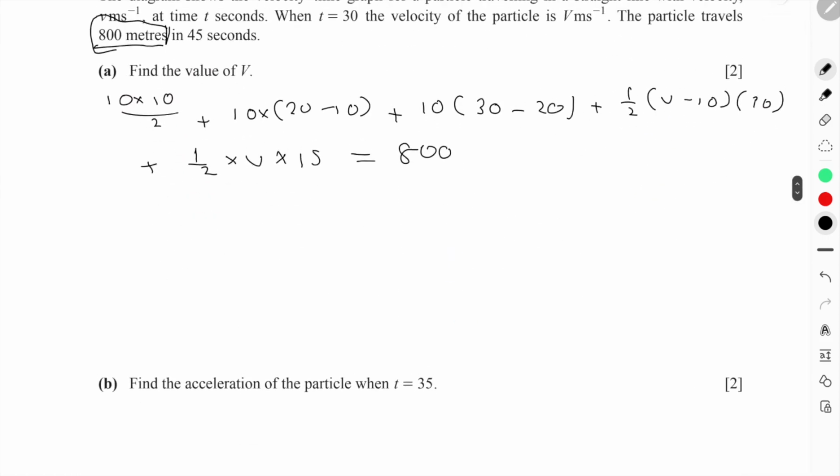So let's try to simplify this. This is 250.